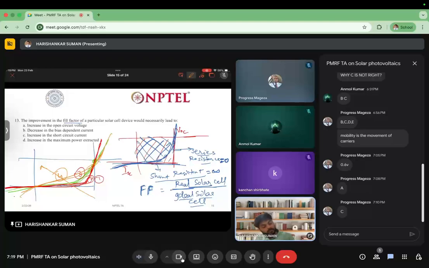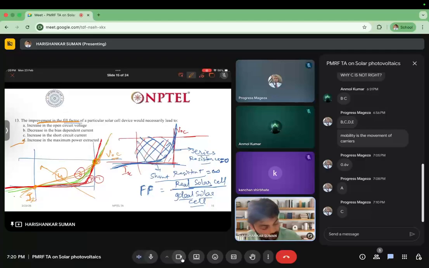So JSC is the same, or ISC, the short circuit current, is the same, VOC is the same. Only the series and shunt resistance will affect this curve nature. So improvement in the fill factor means extracted power will also increase. Am I right? And another option may also be right, please check.